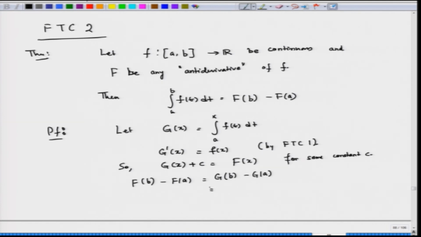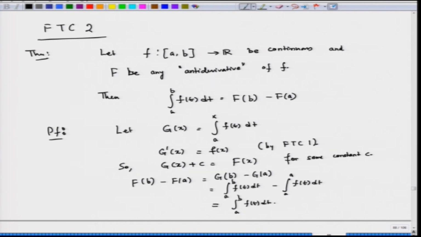Now, what is g of b? g of b is nothing but the integral from a to b of f(t) dt, and g of a is the integral from a to a of f(t) dt. Now, the integral from a to a is equal to 0. So, this is equal to the integral from a to b of f(t) dt. Before getting into some examples, let me remark on certain things.